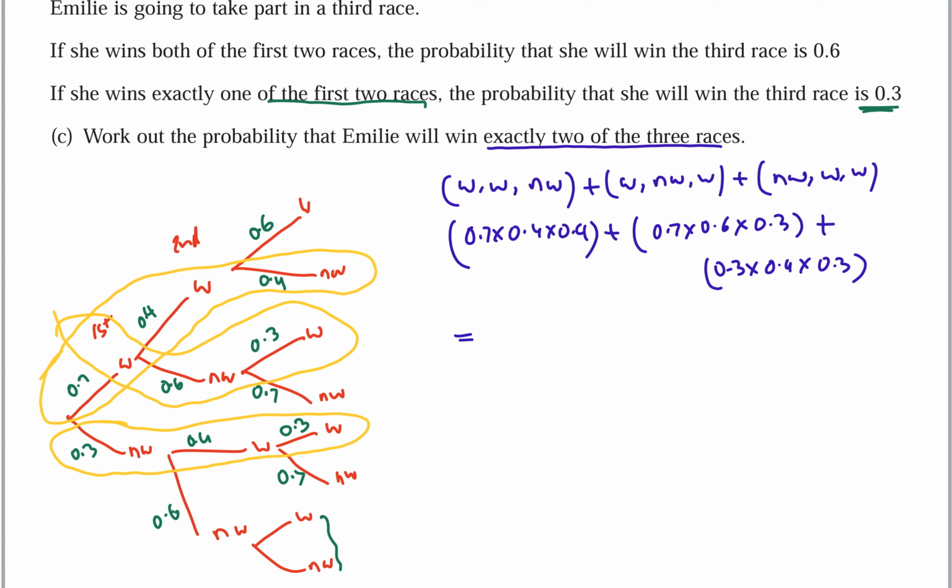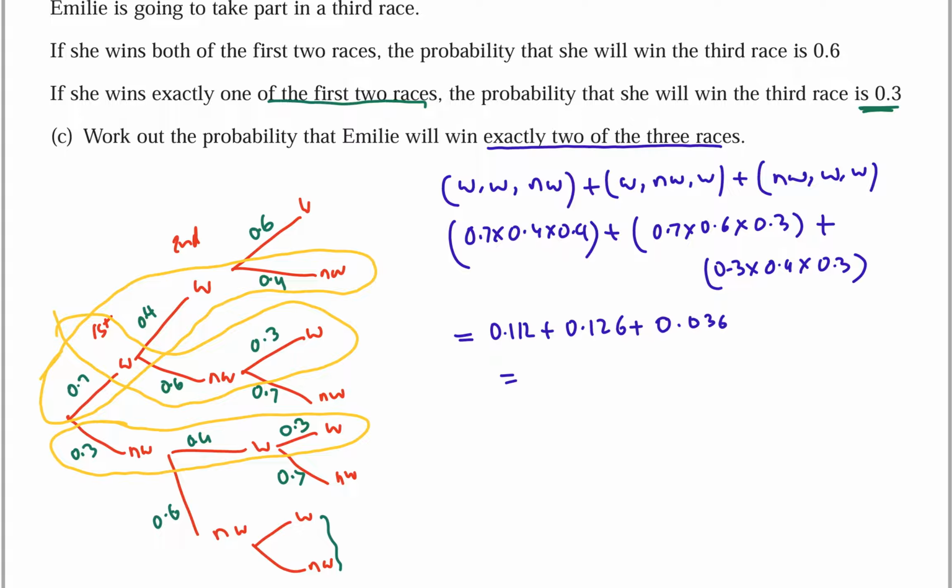So 0.7 multiplied by 0.16, that's 0.112, plus 0.126, plus 3 times 12 is 36, so 0.036.